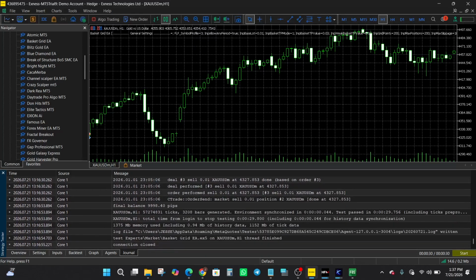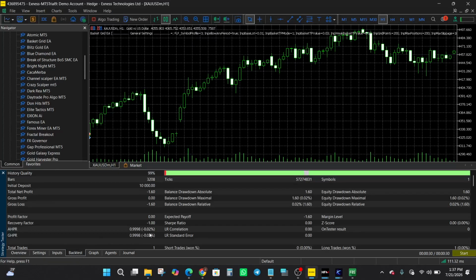So what I can say clearly is that with only one trade to look at, there is essentially no historical performance here to evaluate the actual basket and grid mechanics against. No meaningful win rate, no drawdown behavior under load, nothing that reflects how the system manages baskets in practice.